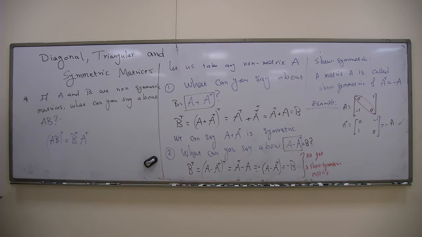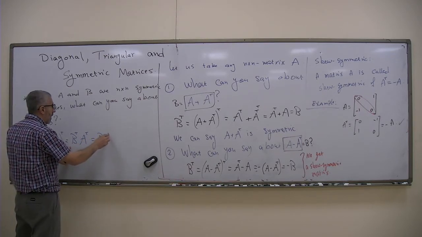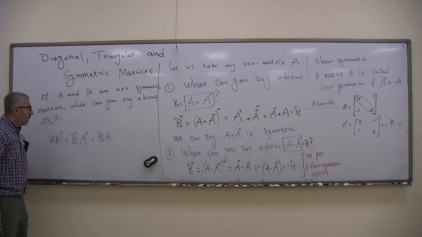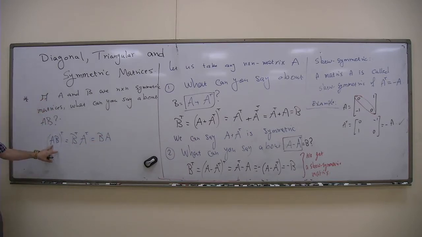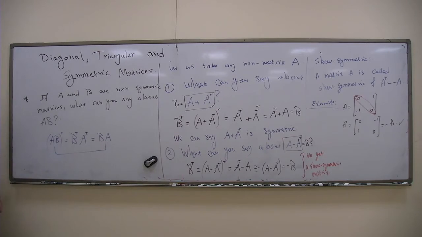Now, B is symmetric, so that is going to be B, and A is symmetric, so that is A, so BA. So AB transpose equals BA. So what can you say here?